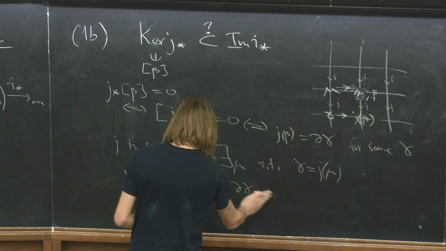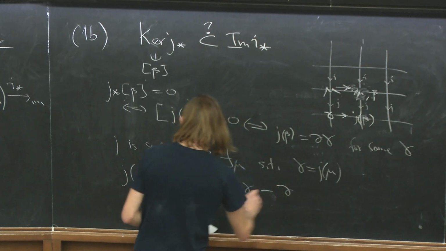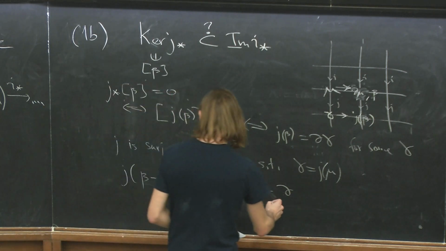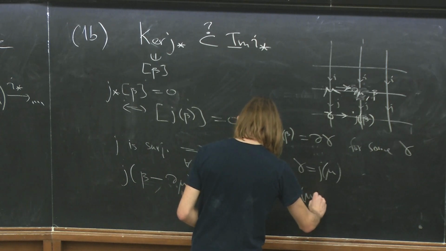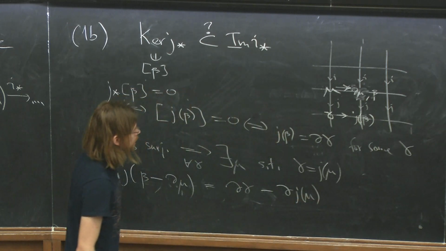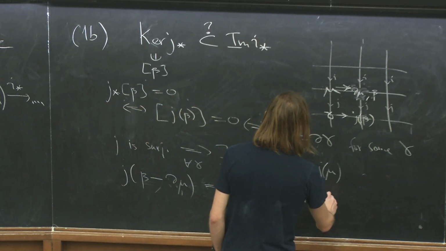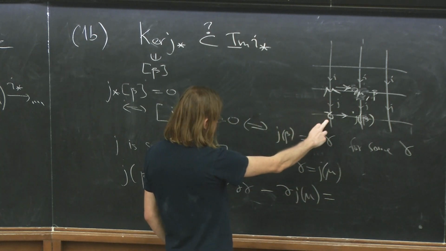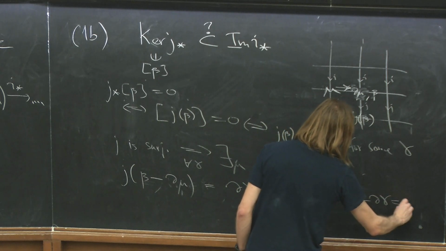And here we can commute D and J, so we get d of J of mu. But J of mu by construction is also gamma. This is d of gamma minus d of gamma, which is 0.